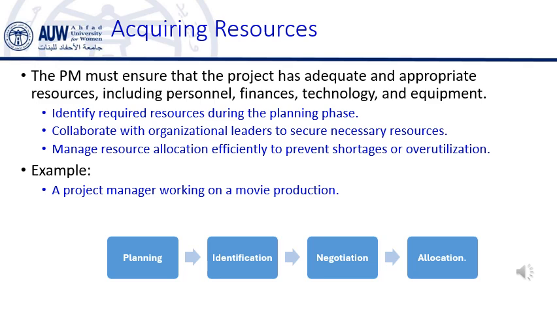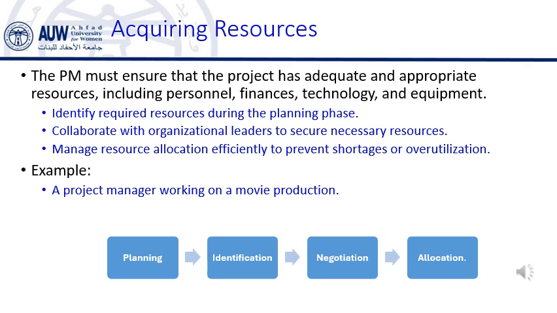To summarize, acquiring resources is a vital responsibility of the PM and involves identifying the resources needed, determining what resources will be required for the project's success; securing the resources, acquiring people, materials, and equipment through negotiation, purchasing, or hiring; and allocating resources, ensuring resources are distributed effectively across the project.